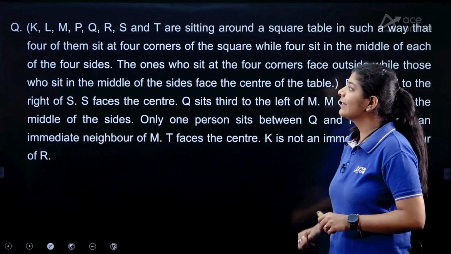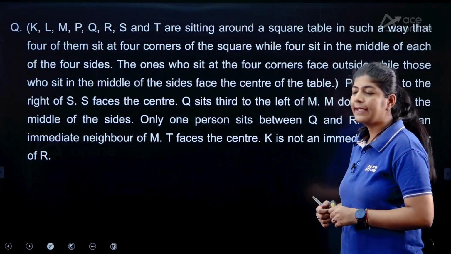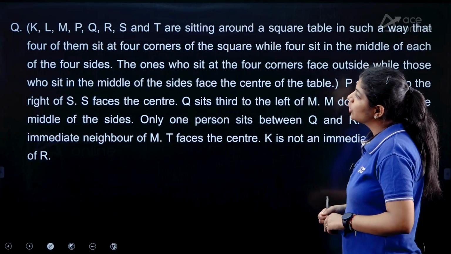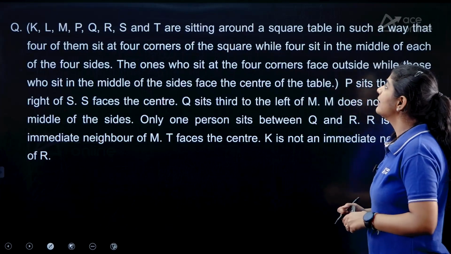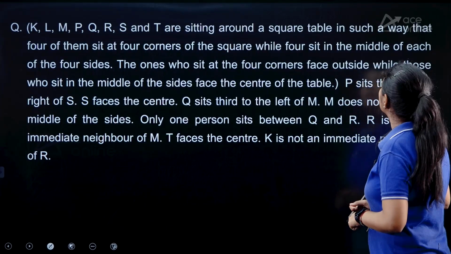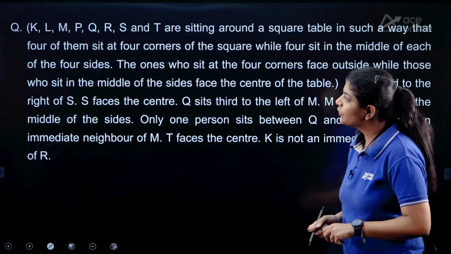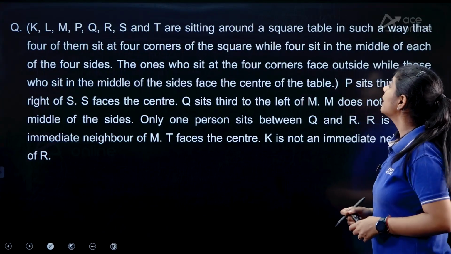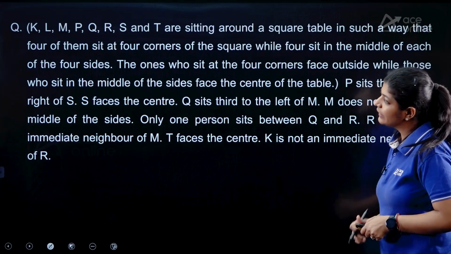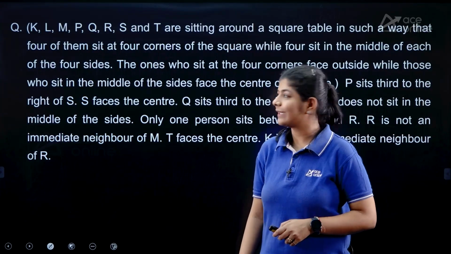The question is saying that K, L, M, P, Q, R, S and T are sitting around a square table in such a way that 4 of them sit at the corners of the square while 4 sit in the middle of each of the 4 sides.